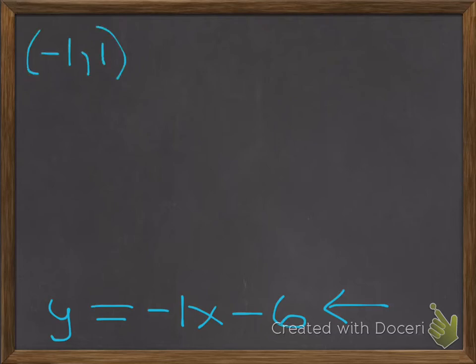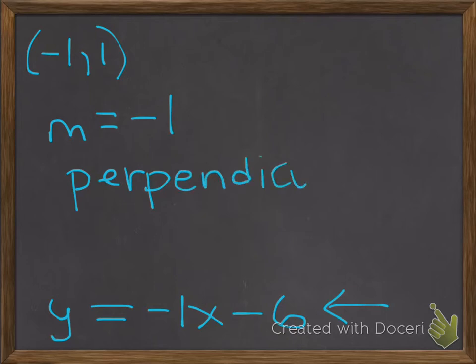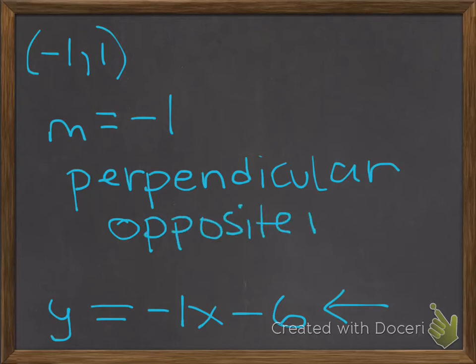Perpendicular to the slope of negative 1 is going to be the opposite reciprocal. So if we make negative 1 into a fraction, that's going to be negative 1 over 1.